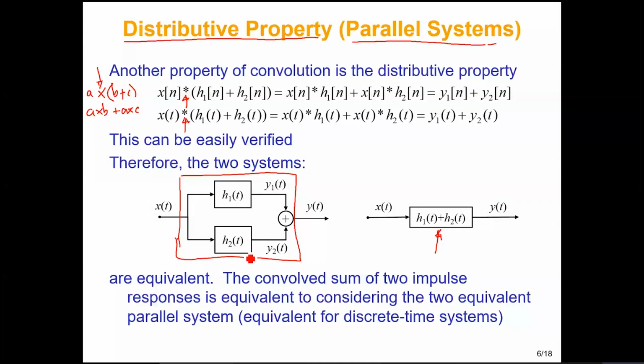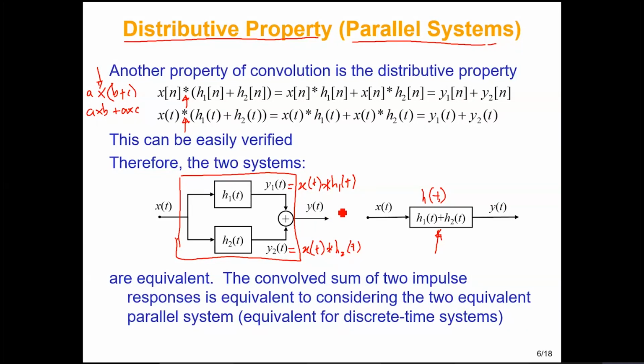Then we can simplify these parallel systems into one equivalent system whose impulse response h of t is the sum h1 of t plus h2 of t. How do we get that? The output y1 of t is x of t convolved with h1 of t, and similarly y2 of t is x of t convolved with h2 of t, and the result is basically the sum of these two, y1 plus y2.